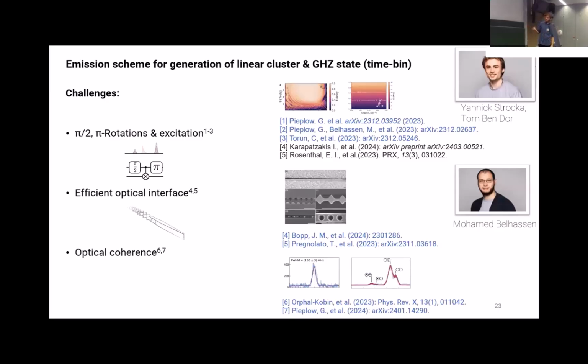emission-based scheme for entanglement. One of the big benefits of these group 4 vacancies is that they're less sensitive to electric noise. But it turns out that when they're implanted, they create a lot of damage in the lattice, and this creates vacancy complexes that can be charged. These can also be very close to your defect.